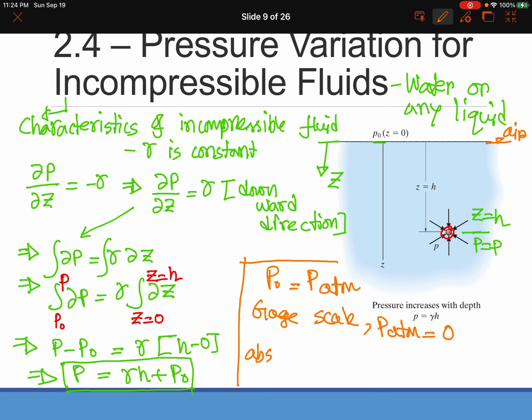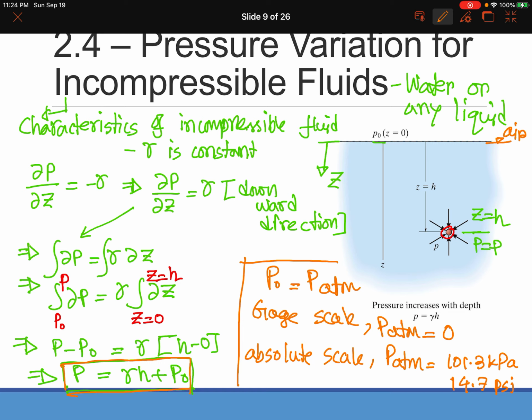And if we use the absolute scale, P atmosphere will be the atmospheric pressure, which, depending on the unit, can be 101.3 kilopascal or 14.7 psi, or anything in another unit. So depending on the gauge scale or absolute scale, we can have a different value for P naught.